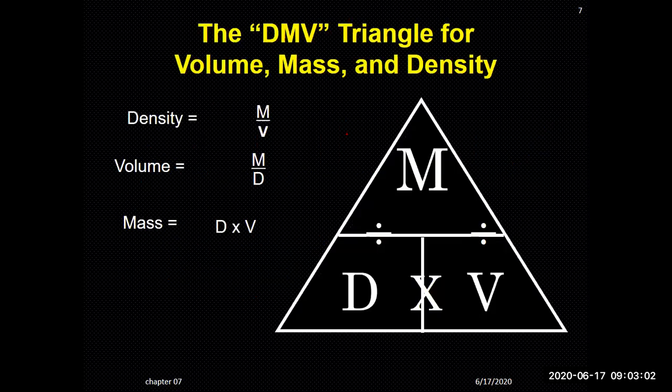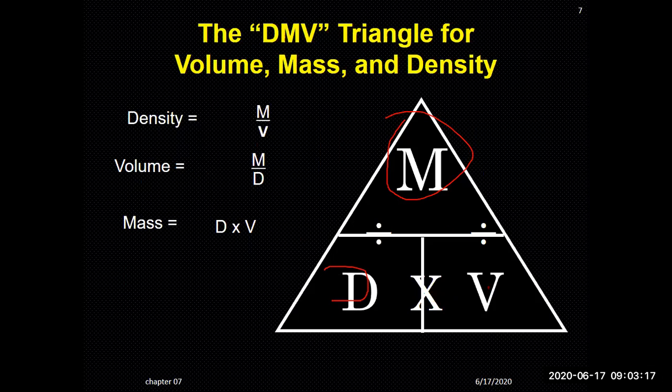So here it is. This is the triangle to understand the relation between mass, density and volume. If you divide mass by density, you will get volume. If you multiply density with volume, you will get mass.